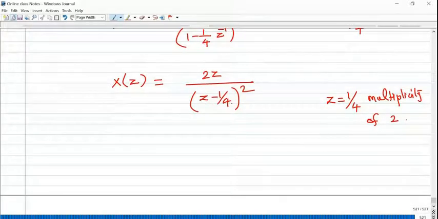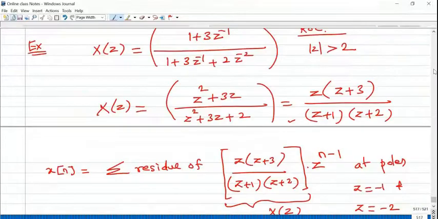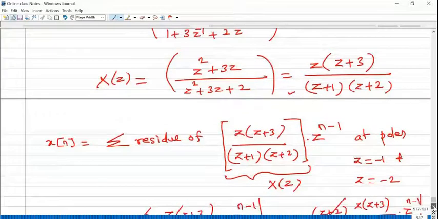Suppose in an example there is one pole of order 2 and another pole of order 1. For order 1 there is no issue, we solve with the previous method for that particular pole only.